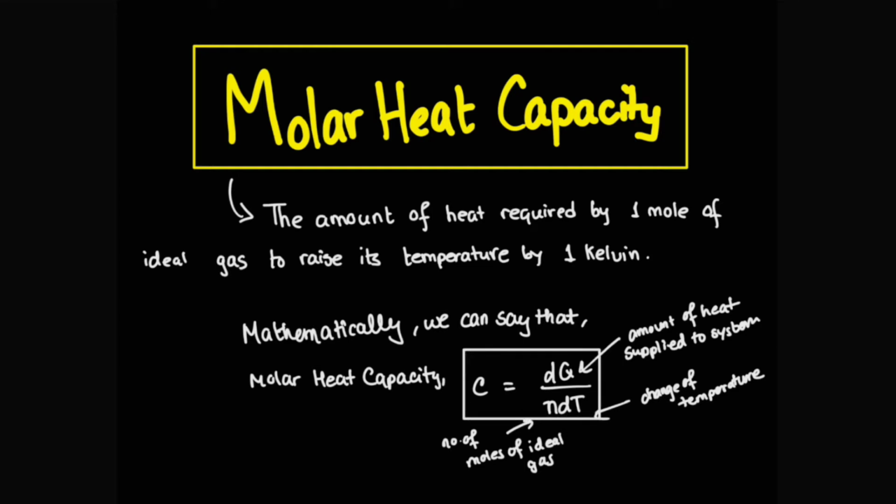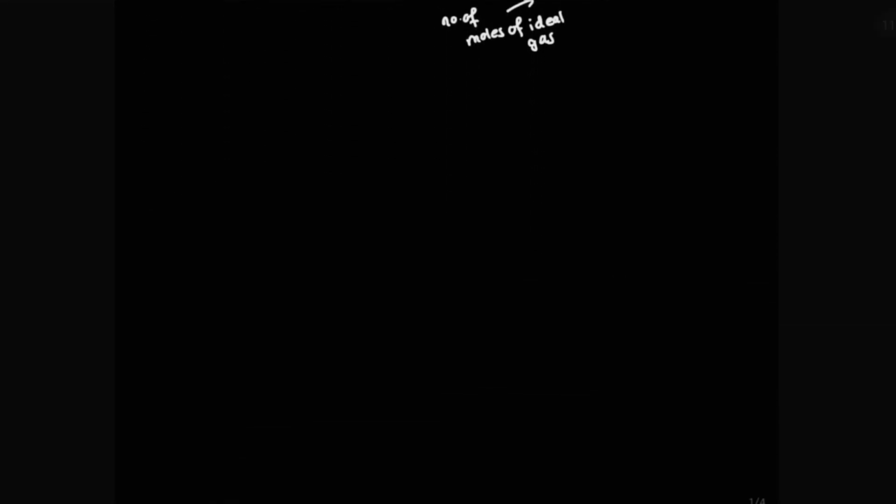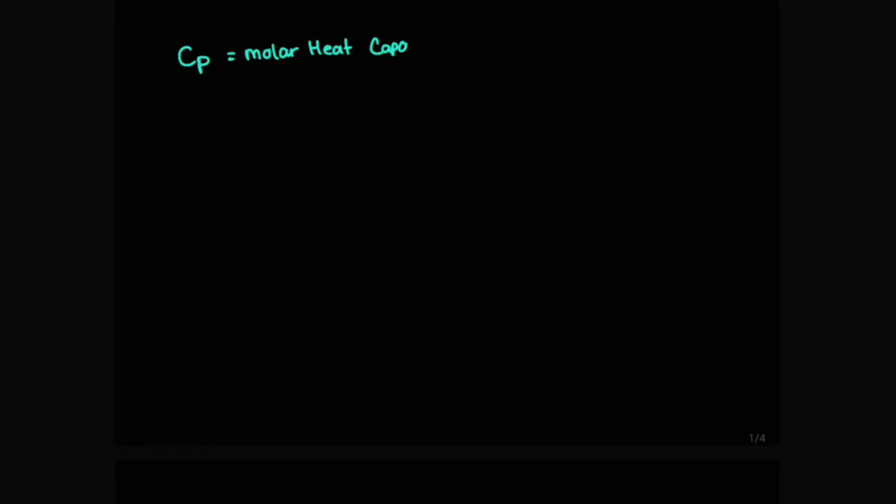Alright, moving on. Relating to the term molar heat capacity, we have two types of molar heat capacities: molar heat capacity at constant pressure and molar heat capacity at constant volume.